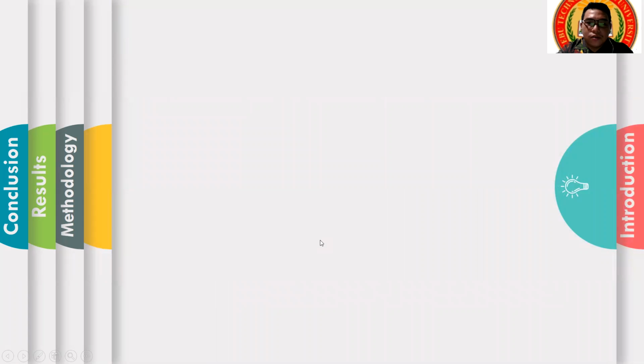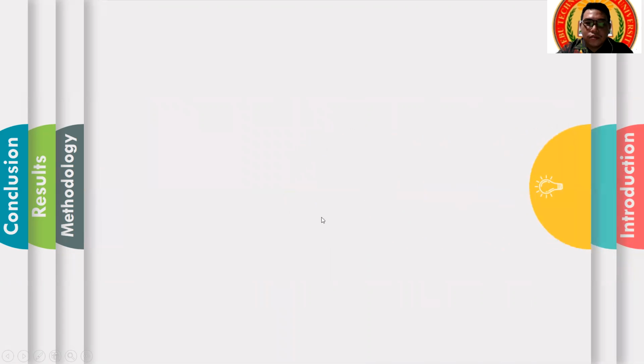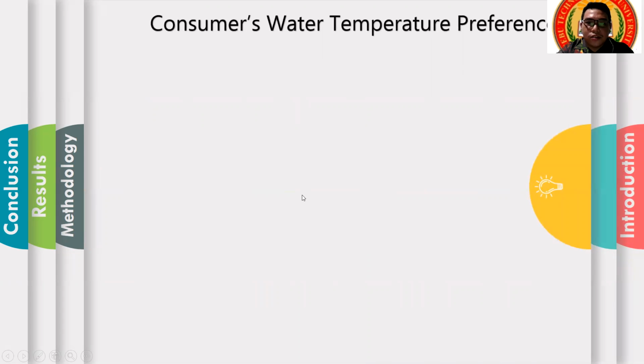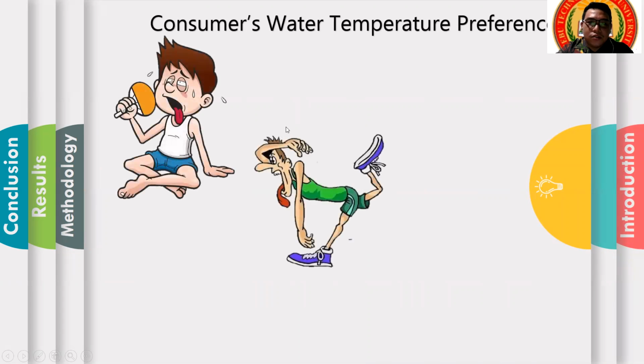Okay, let's go now to some literature review from the existing literature and related studies. So let's go to consumer water temperature preferences. So as said by Catriona Bordan et al., they conducted a study to provide a systematic and unbiased review of the research on how beverage temperature affects palatability and fluid intake during endurance exercises.